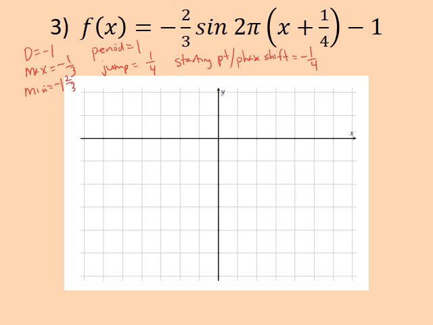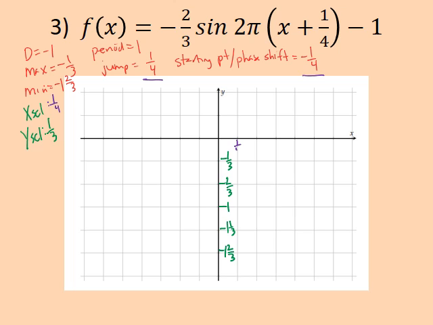Since our d is -1, and our maximum is -1/3, and our minimum is -1 2/3, a reasonable y scale would be a third. Let's see if we can fit that. So we have negative 1/3, negative 2/3, negative 1, negative 1 1/3, negative 1 2/3. Yes, that's the most reasonable. As we already pointed out, our jump is a fourth and our starting point is a fourth, so it makes the most sense to make our x scale 1/4.